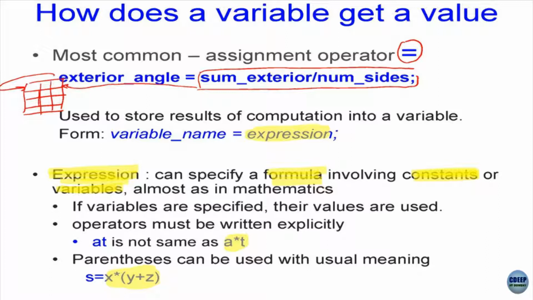You can't assume that at is the same as a into t. The a into t is an expression; at will mean some different variable. So x into (y and z) in brackets is also an expression. And we'll see lots of expressions in the coming slides.